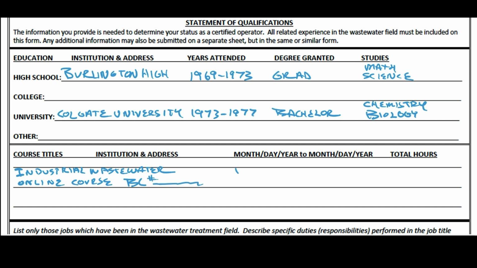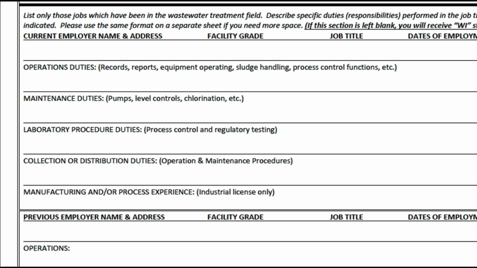Include the date that you started and finished the course and indicate the number of hours that you were awarded for completing the course. Be sure to make a copy of the certificate of completion and send it in with this application so that they'll give you an active status when your license is issued.